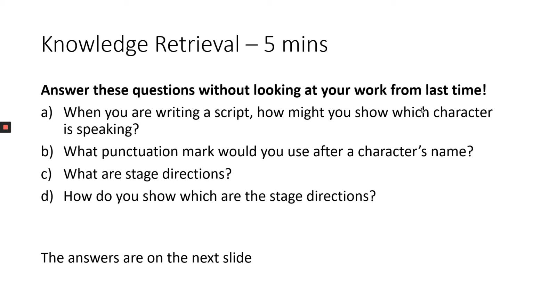Now, there's a reason for this, because obviously when you're reading a script, you need to be certain which bits of text are the words you're supposed to read out loud, the dialogue, and which bits of text are the stage directions. So there is a way, but there's a couple of ways in which when you're writing a script, you can show the actor or the director what the stage directions are. So to show which words are the stage directions, you would.